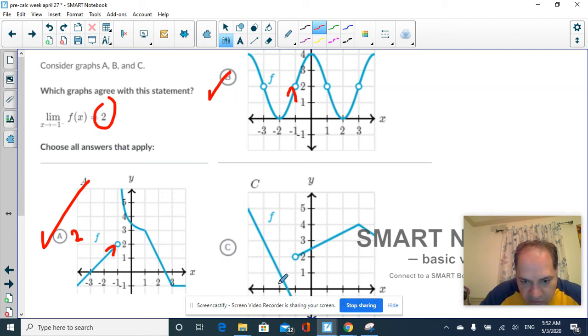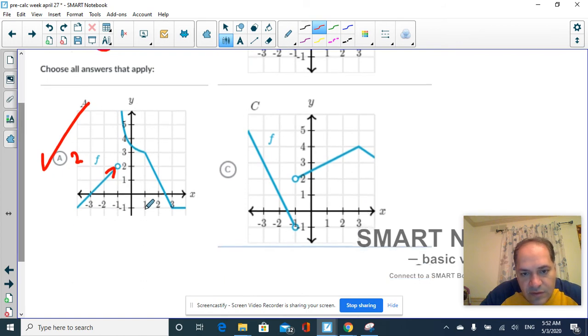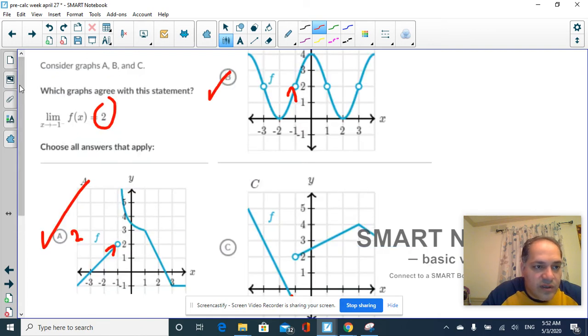If you choose this one, x tends to negative 1 from the left, so it's going to what? Negative 1. This is not correct. So we have two correct choices, okay? Next question.